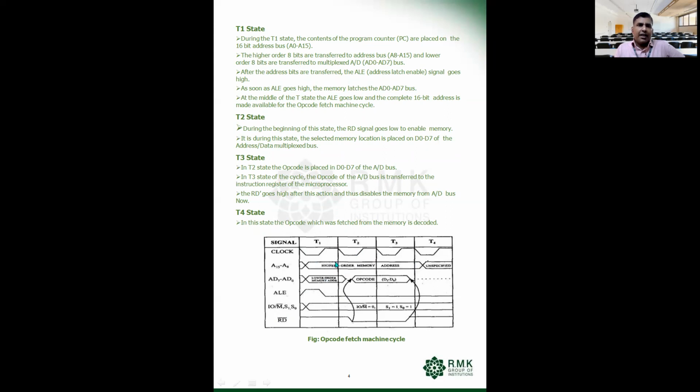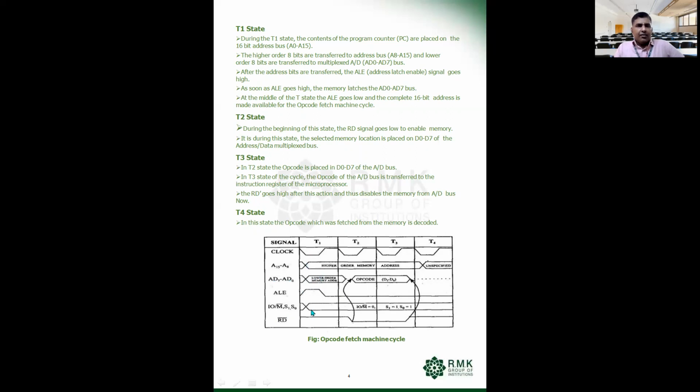During the T1 state, the first clock period, the higher order address bus is available because it is an exclusive separate line, and AD0 to AD7 is the lower order address bus, which is enabled using the address latch enable. As you can see, address latch enable is enabled during the first clock period. The address is available in the lower order address bus, that is A0 to A7, and since address latch enable is high, it is loading the address.